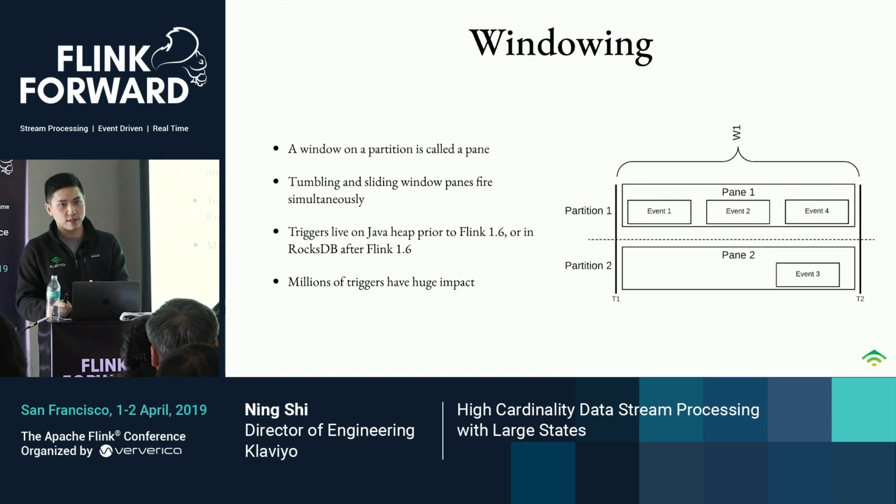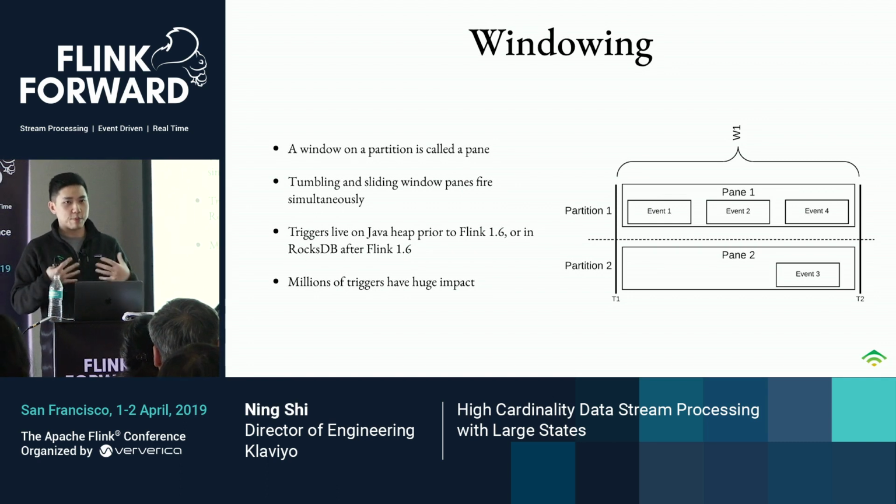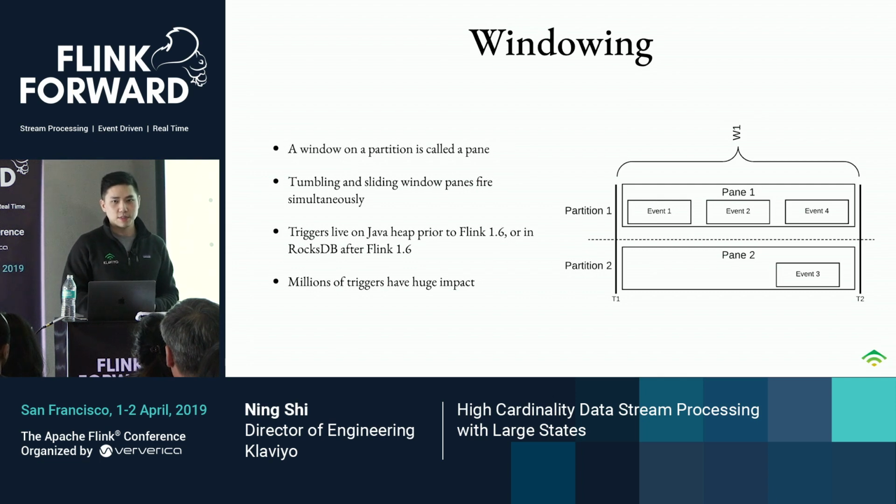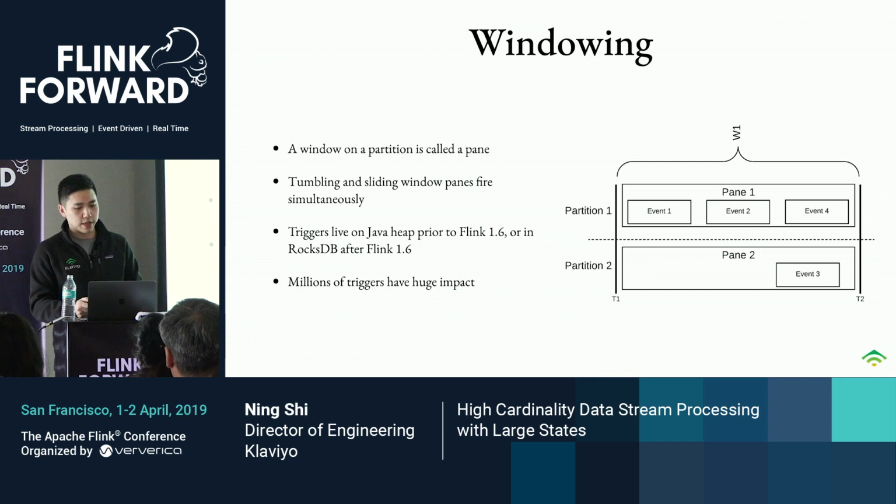But as soon as the time hits T2, every pane fires and millions of writes flood down to the downstream system, which is not good because any database or data store would prefer not to have a thundering herd or a flood of work coming into the system. So this was a major performance bottleneck for us at the beginning when we were using tumbling window.